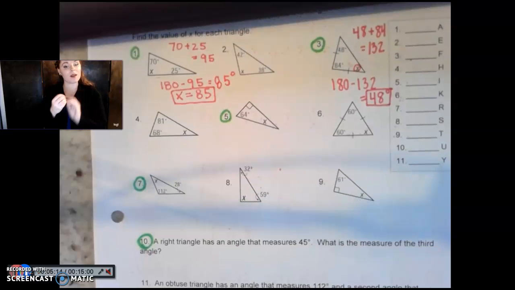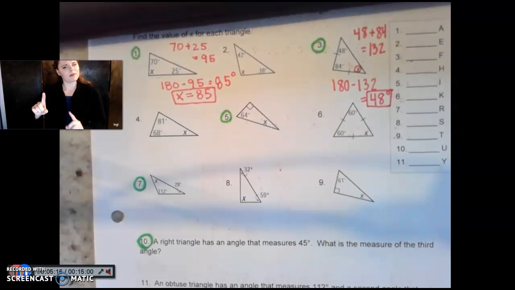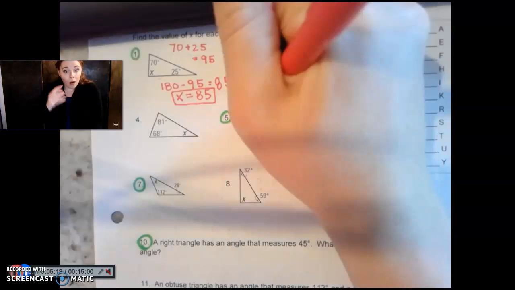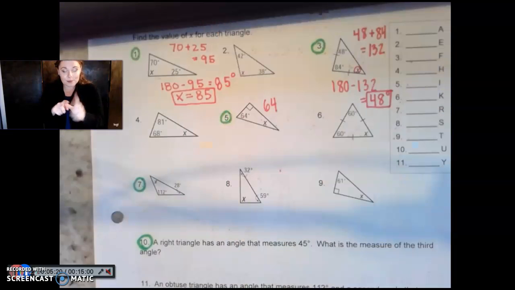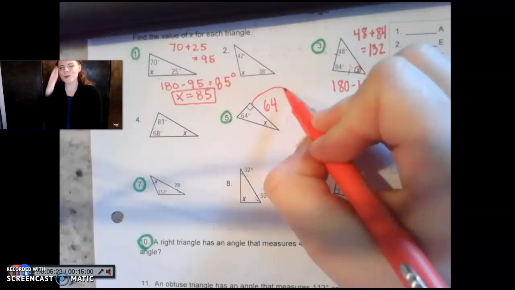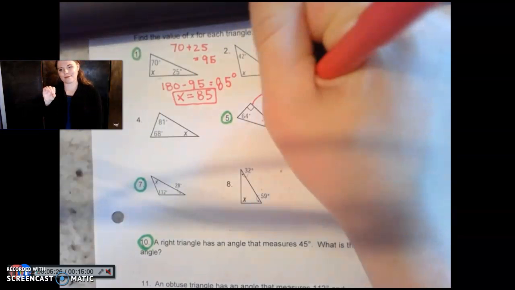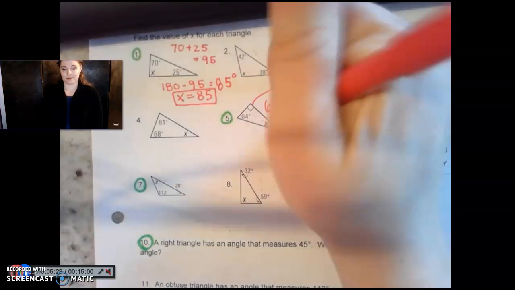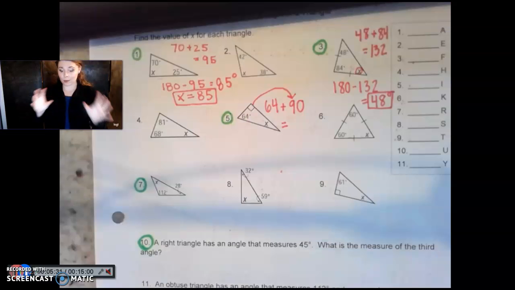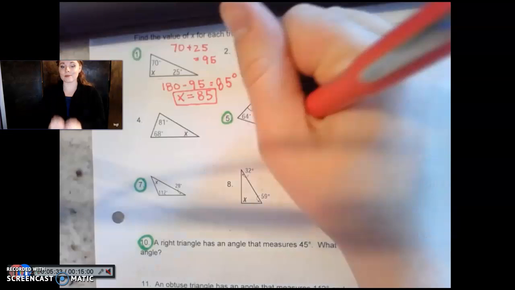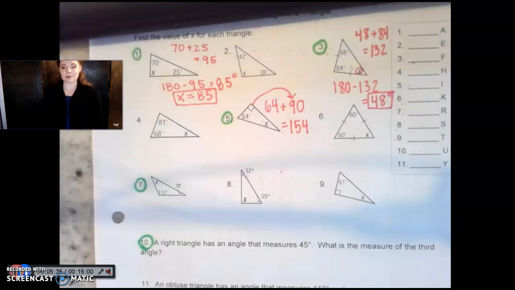Number 5 is a little bit different. You'll notice that we only are given one angle, but we know that that square means 90. So we're still adding the two given angles. That's step 1.